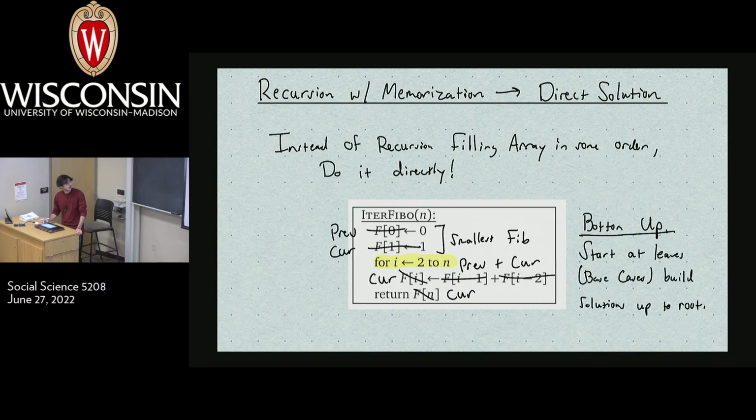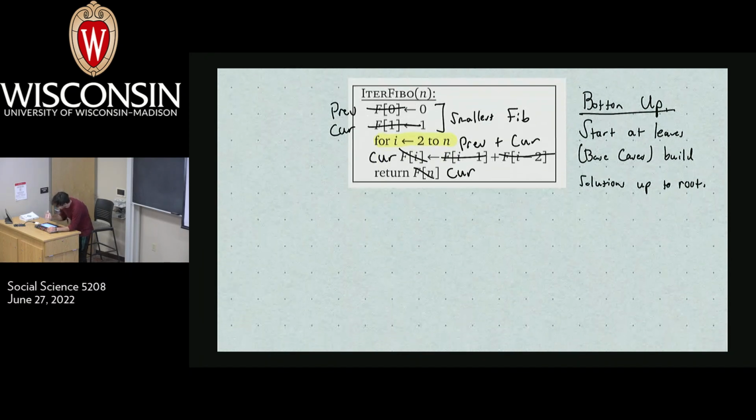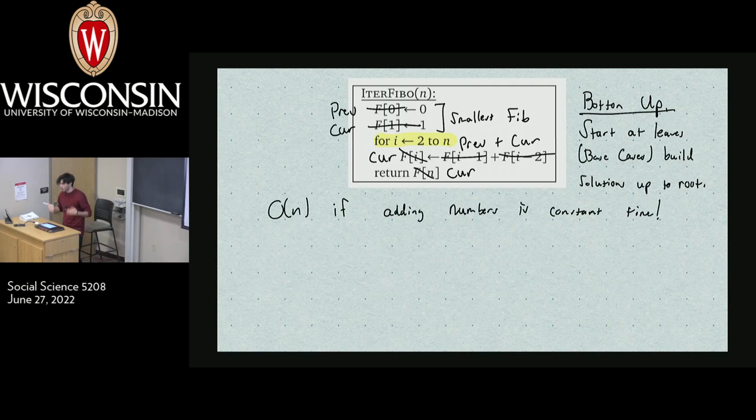Okay? So one last thing. Just a spoiler. So this is O of n only if adding 2 numbers is constant. In other words, we're doing O of n additions. But the total runtime is not actually O of n. It's O of n squared, because adding two n-bit numbers takes O of n time.